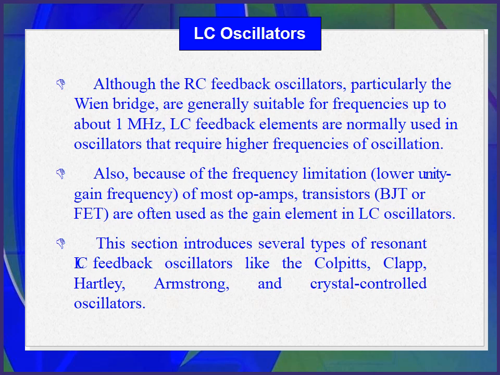Also, because of the frequency limitation, that is the lower unity gain frequency of most op-amps, transistors, that is BJT or FET, are often used as the gain element in the LC oscillators. This section introduces several types of resonant LC feedback oscillators like the Colpitts, Clapp, Hartley, Armstrong and crystal controlled oscillators.